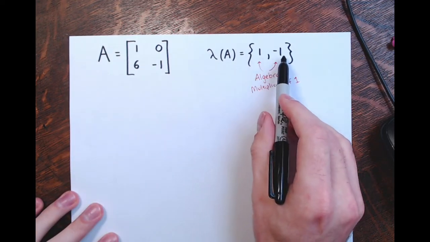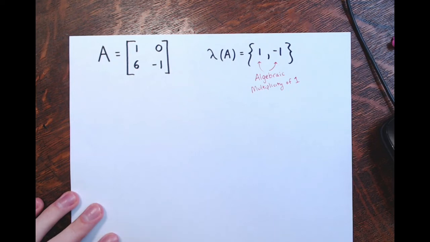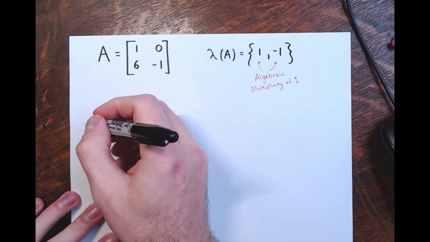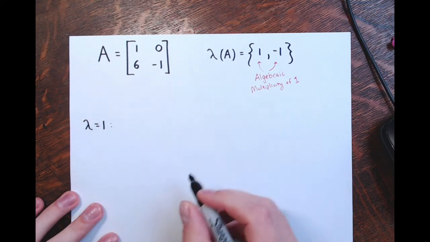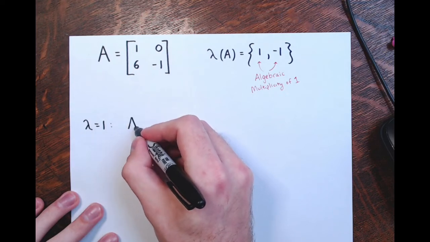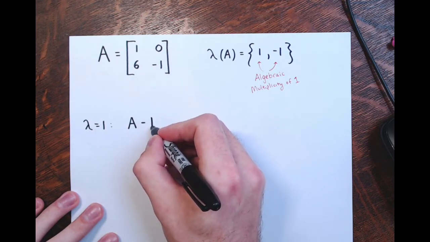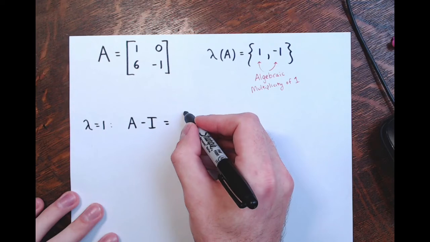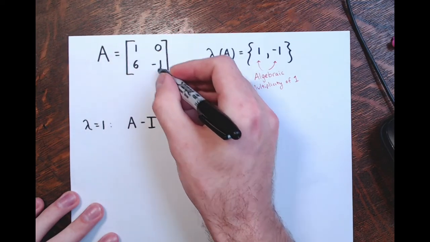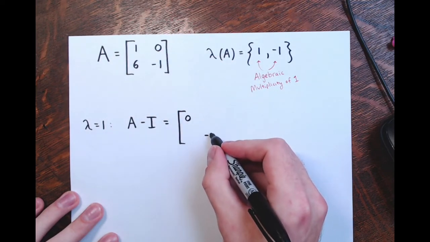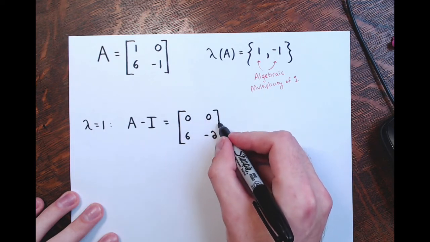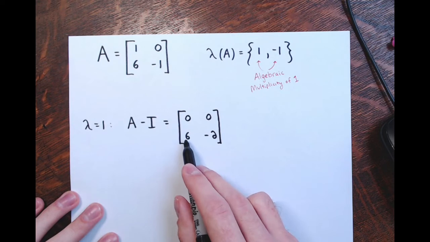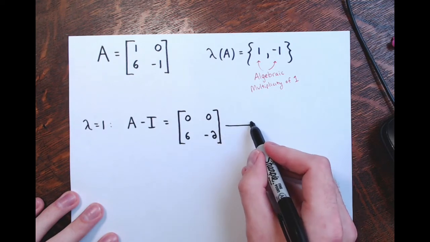So now from each of these, I want to find an independent eigenvector to put as a column of the matrix P that I'm looking for. So when lambda equals 1, we're going to take a look at A minus 1I. So that's this, subtract 1 down the main diagonal. And then put this in reduced row echelon form.